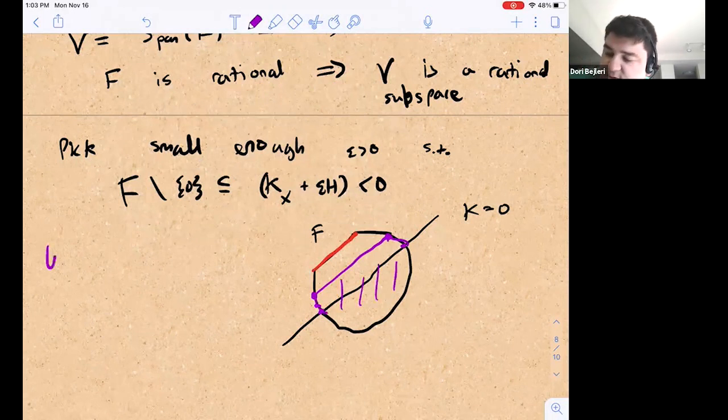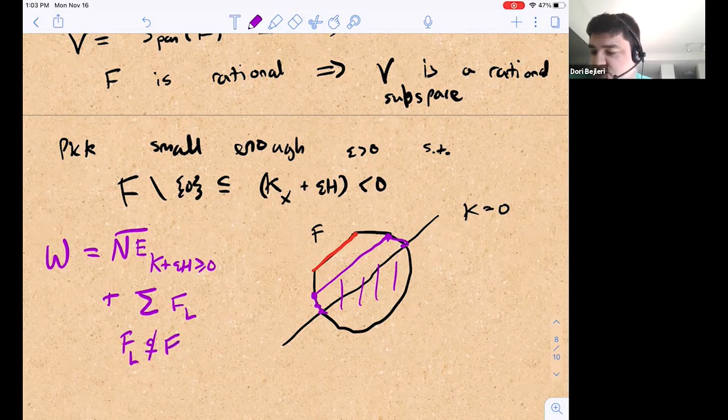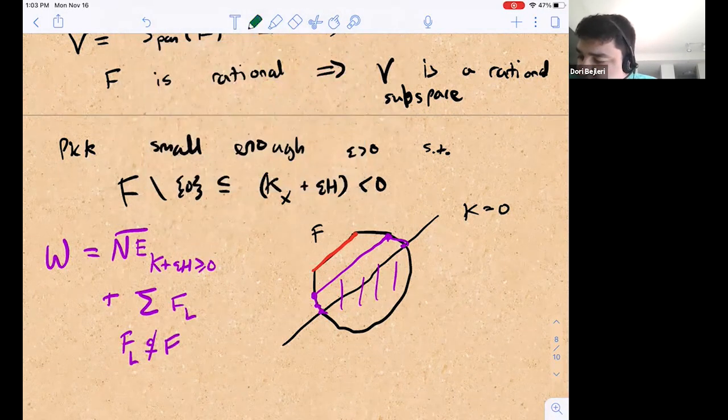Let's call it W. So W is the sum of the rays of NE bar where K plus epsilon H is greater than or equal to 0, plus the sum of those rays which are not contained in F. So I guess I should draw, here's our perturbation.